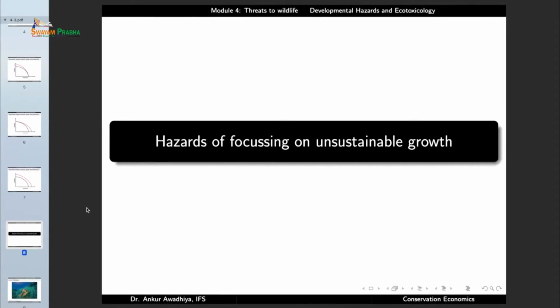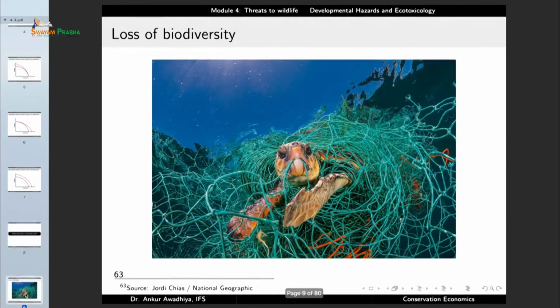So when we focus only on an unsustainable economic growth, there are a number of hazards that crop up. Now remember here that these are the hazards of going for an economic development, which technically should be called only as an economic growth, because these are reducing the well-being of different people. So what are these hazards?